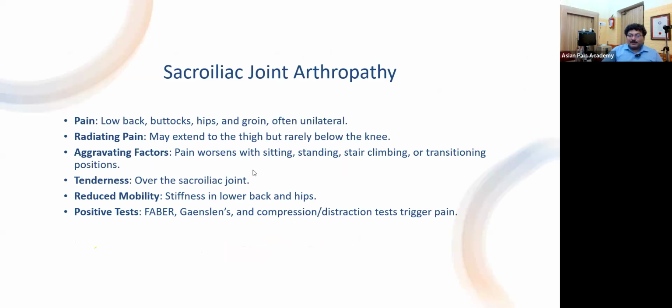Aggravating factors: pain worsens with sitting, standing, stair climbing, and transitioning positions. There is tenderness over the sacroiliac joint, reduced mobility like stiffness in the lower back and hip, and there are multiple tests for sacroiliac joint pain, like the FABER test, Gaenslen test, and the compression-distraction test for the trigger point.